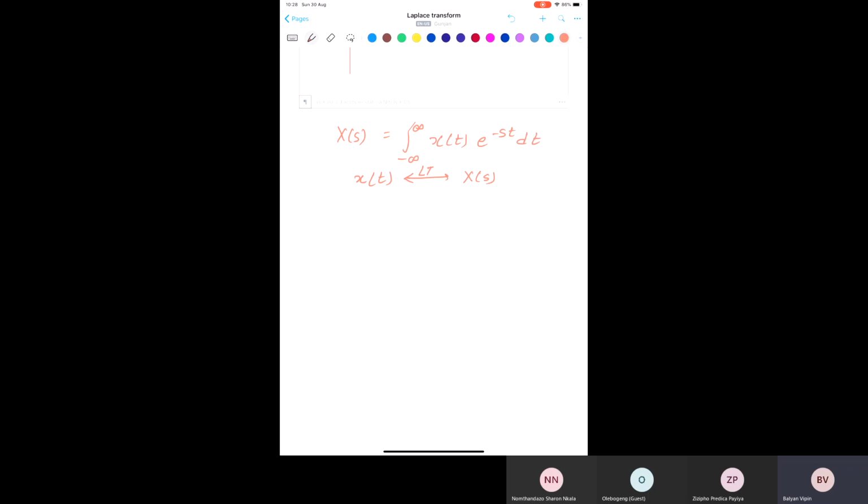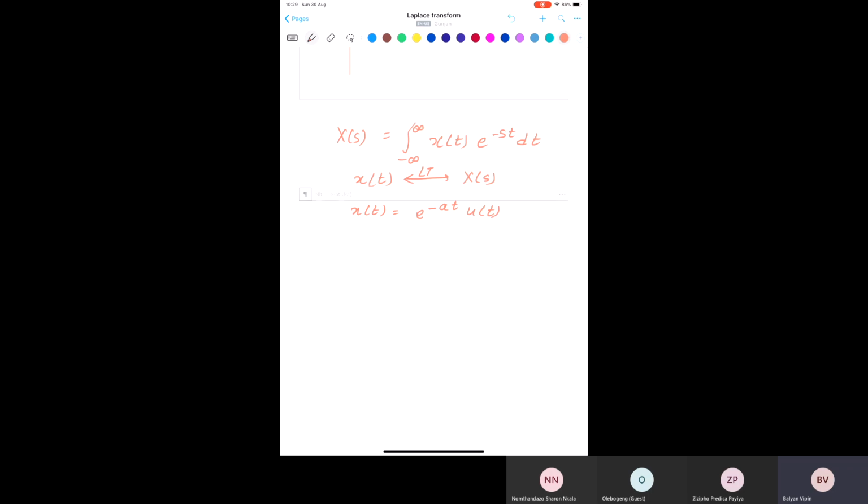So if any signal is given to us, suppose x of t is equal to e raised to the power minus at u of t, then using this formula we can find the Laplace transform. There is one more difference between the Laplace transform and the Fourier transform.